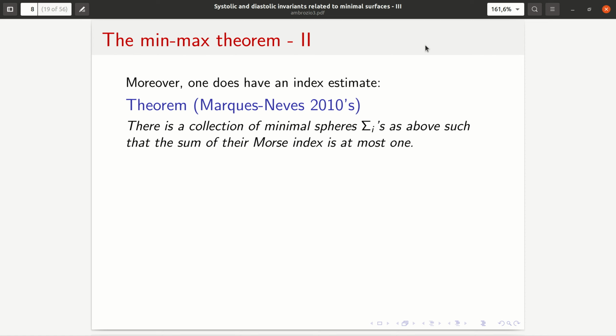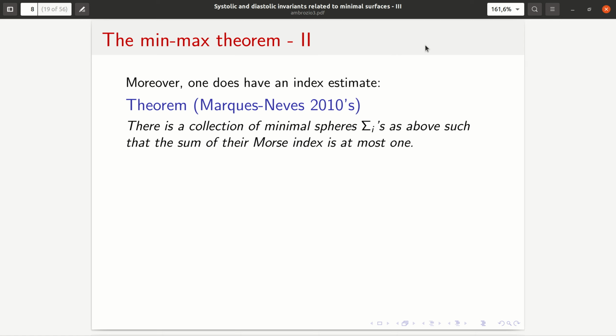From the point of view of the type of critical point you produce by such a min-max procedure, what you expect is that the critical point you produce will have an index of instability bounded from above by the number of parameters of your min-max argument.